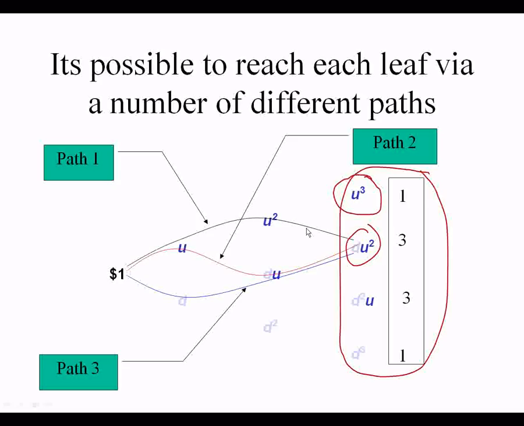And remember that in general, to each particular leaf, there is more than one path. So you can see that there are 3 paths to this leaf.